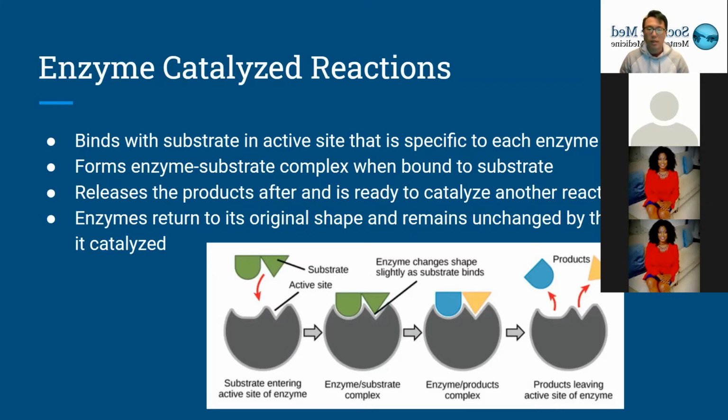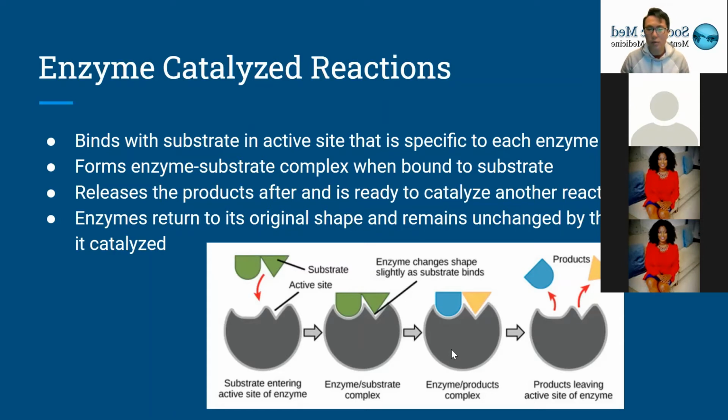If you look at the bottom picture, it's the second form. That's the enzyme-substrate complex, when the enzyme is bound to the substrate. Once it catalyzes the reaction, it will release the products and is ready to catalyze another reaction.